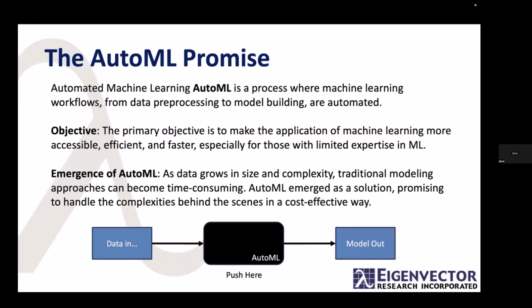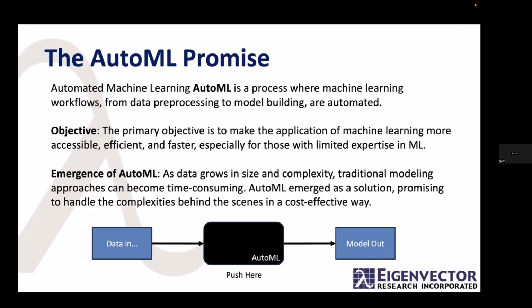So the AutoML promise is that we can create an automated process where machine learning workflows from data processing to model building are all automated. The objective is to make the application of machine learning accessible, efficient, and faster, especially for those with limited experience.